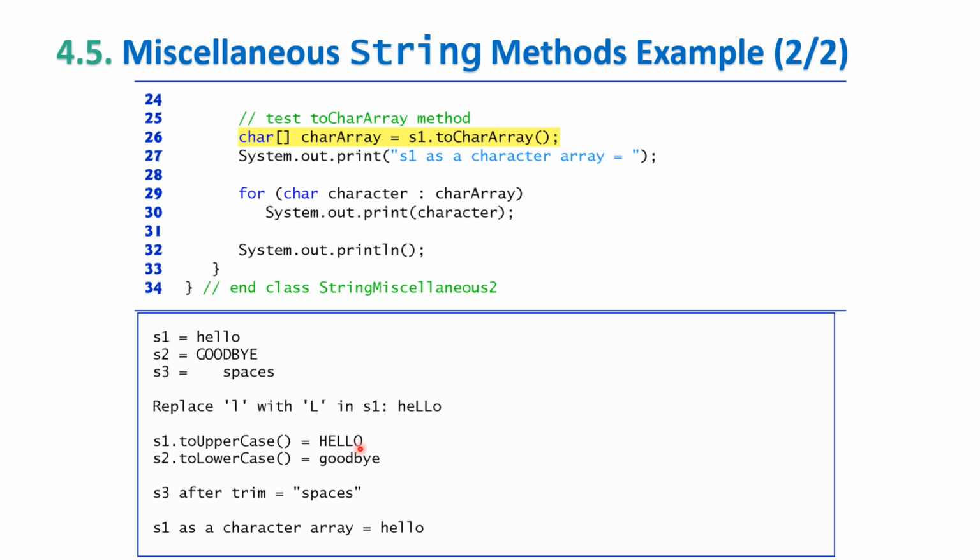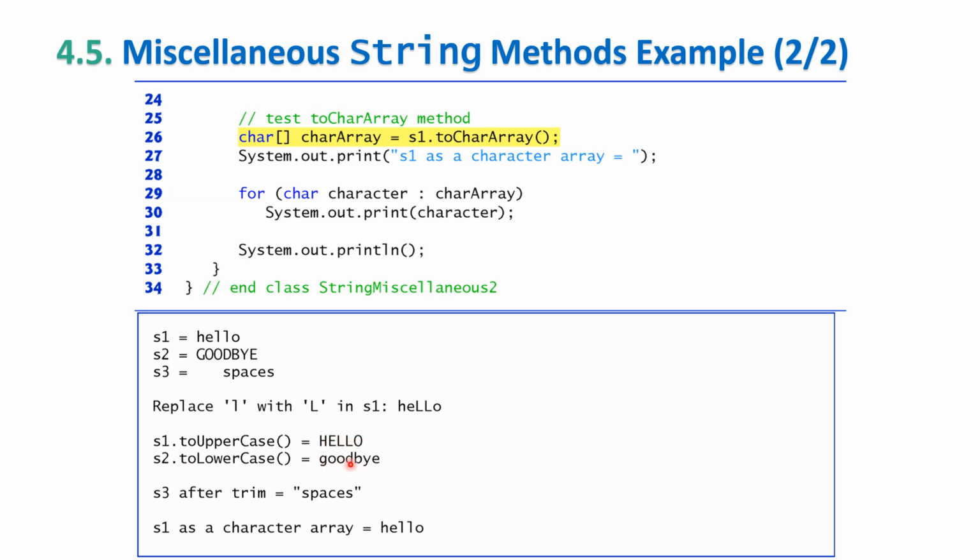And then it shows the result of calling the toUpperCase method on the s1 string object. And here the result is a new string with the content hello, but with all uppercase letters.